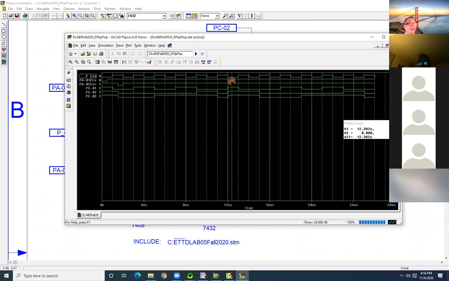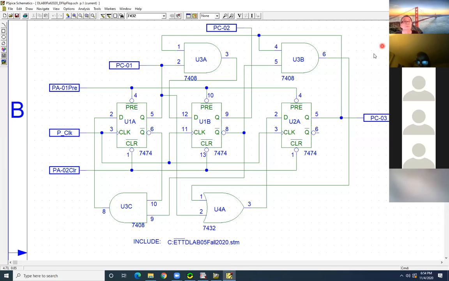Then this is preset 111. And now the next clock transition, 1 here, here, and here, and so on. Okay, so that's it.